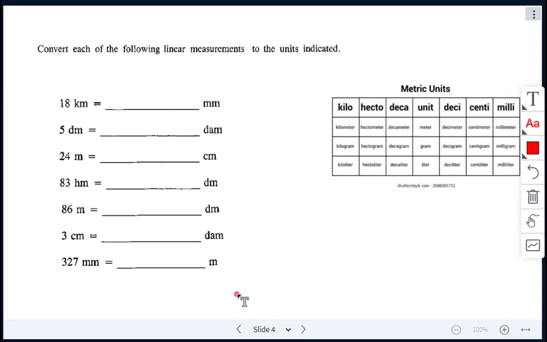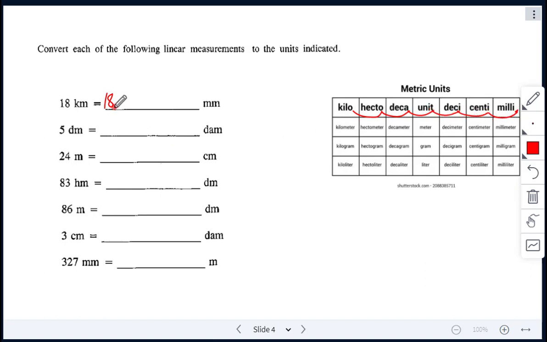So what we're going to focus on today is conversions. We're going to look at converting each of the following linear measurements to the units indicated. So for our first example, we have 18 kilometers, and we need to convert it to millimeters. Converting 18 kilometers to millimeters, we have to move our decimal place 6 to the right. So 1, 2, 3, 4, 5, 6.